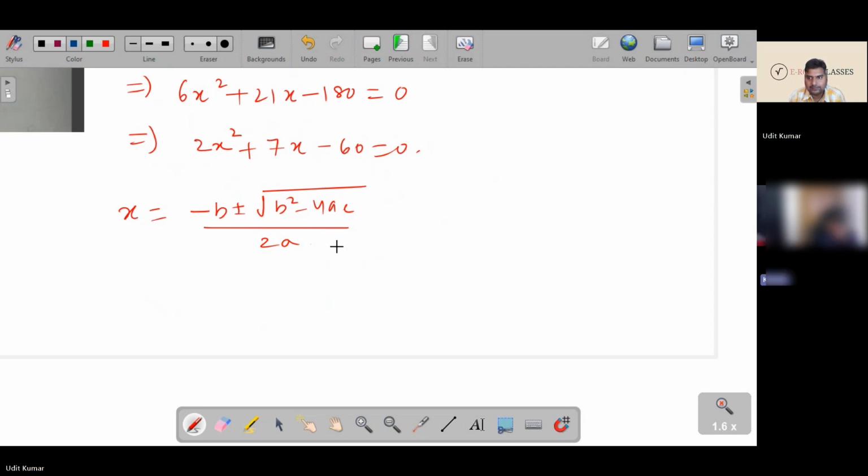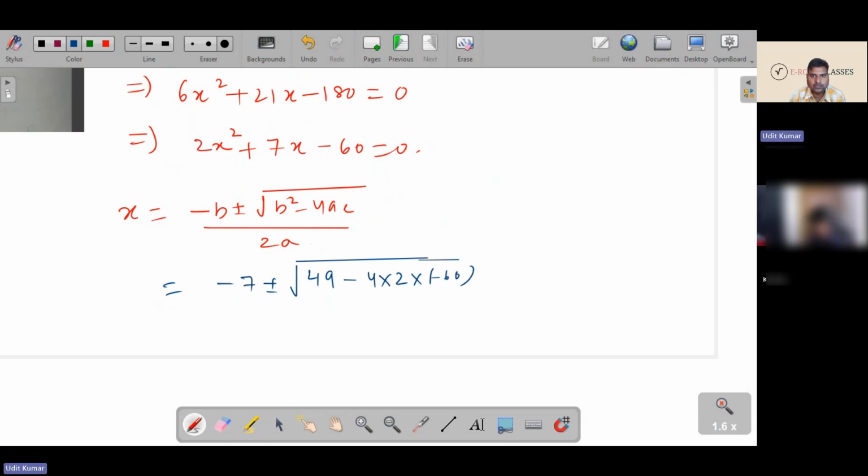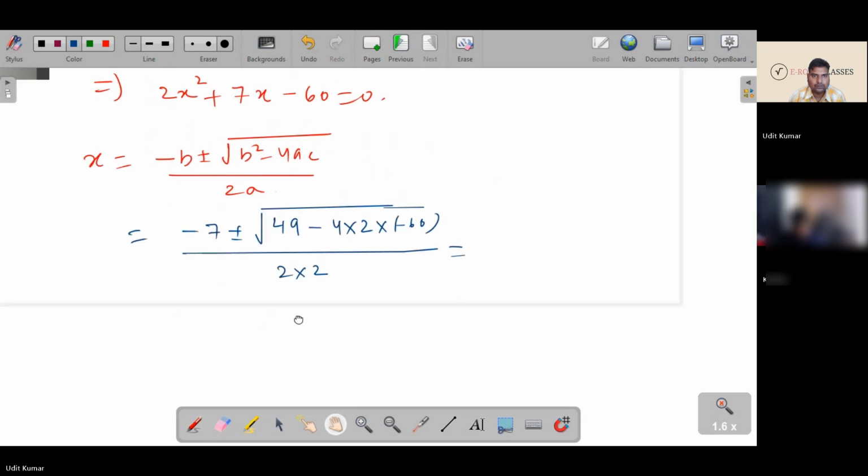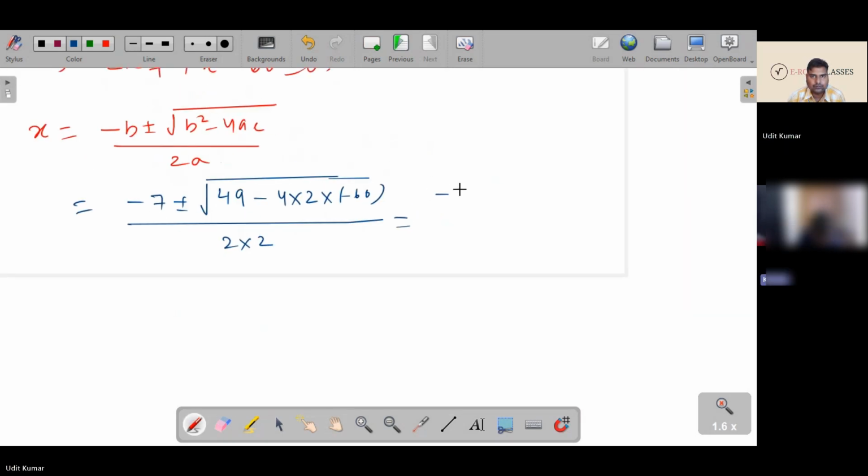Minus 7 plus minus root of b squared minus 4 times 2 times minus 16, divided by 2 times 2, which is minus 7 plus minus root of 49 plus 480, divided by 4.